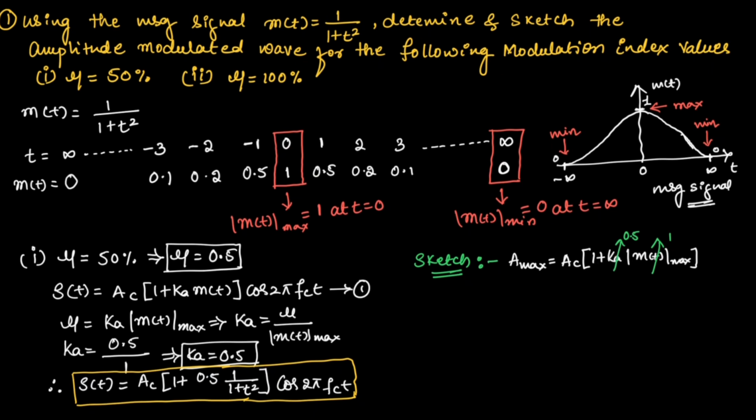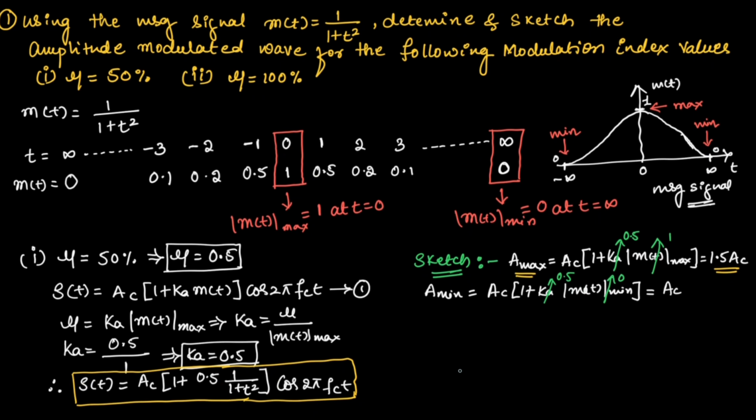Therefore, A maximum will be equal to 1.5 AC. Now let us find A minimum. A minimum can be given as AC into 1 plus Ka m of t minimum. m of t minimum value is 0. Ka is 0.5. 0 into 0.5 will be 0. 1 plus 0 is 1. So the value of A minimum will be equal to AC.